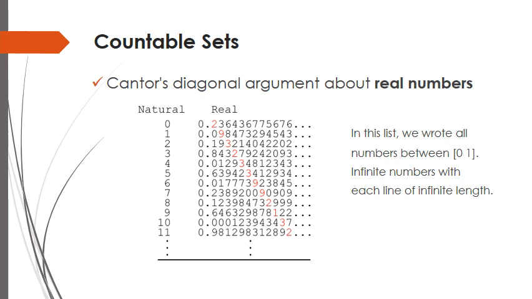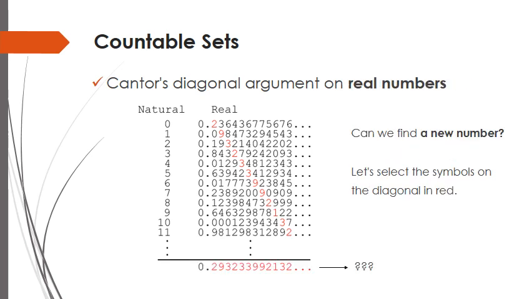After all, this is not a concern as we have to write infinite numbers. After this process, each digit on the diagonal in the list is marked in red. Like the first digit after the dot in the first line, the second digit after the dot in the second line. Selected red digits are written at the bottom and it is evaluated whether there is a new number.